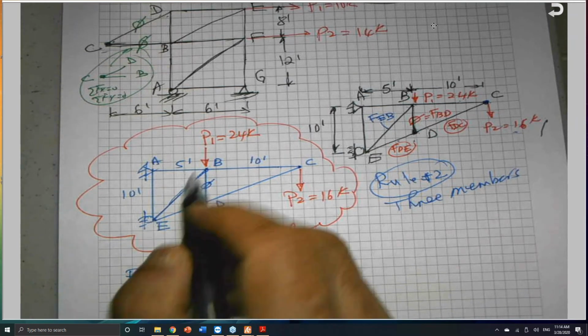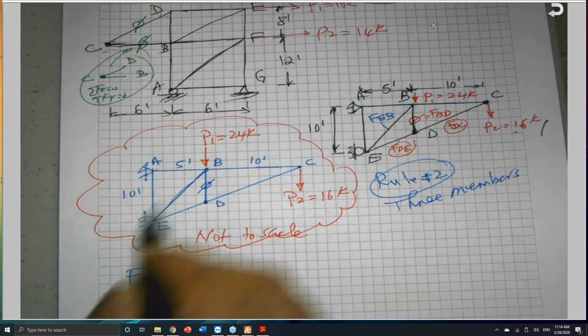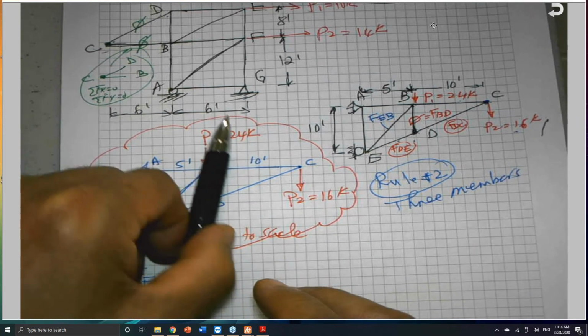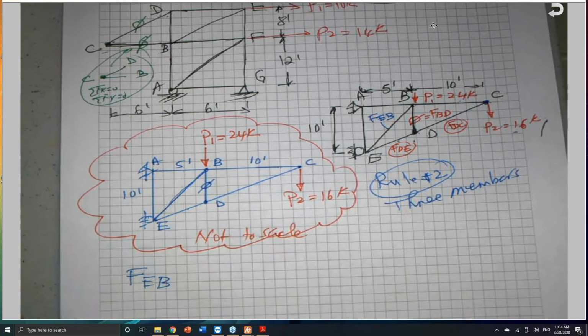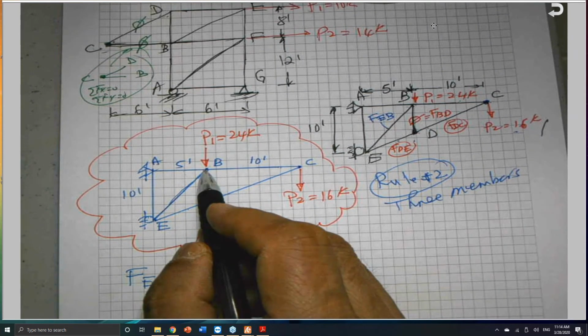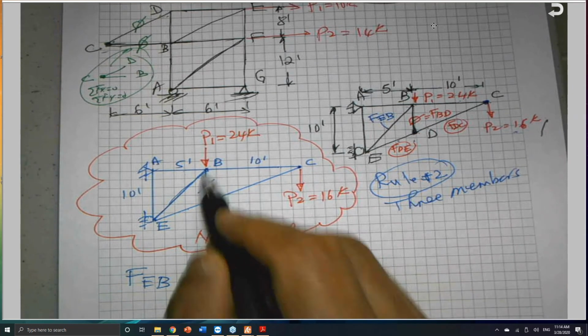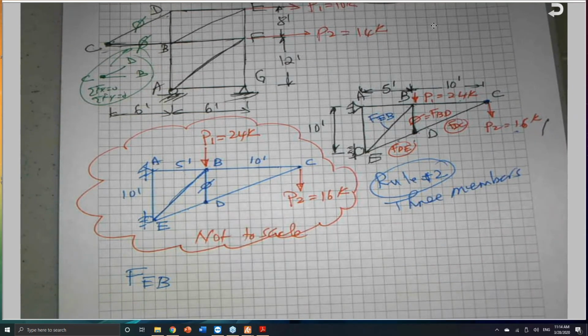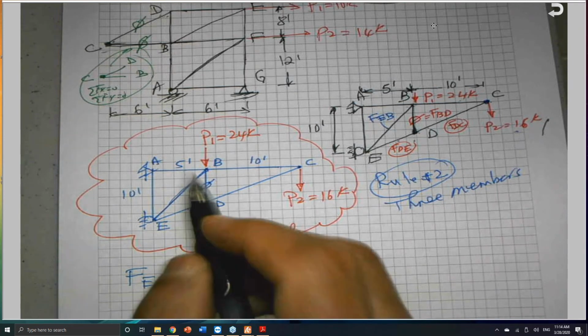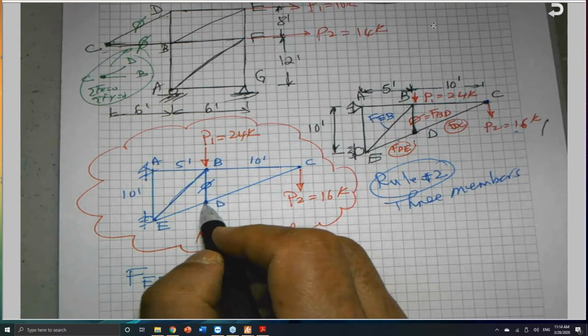So if I take this joint out, I can sum forces in the y direction and find it directly without going through many joints. Because if you use the method of joints, you are going to move from this joint to this joint to move here. But if I know this rule, I can do it quickly by knowing that this member is 0 based on rule number 2.